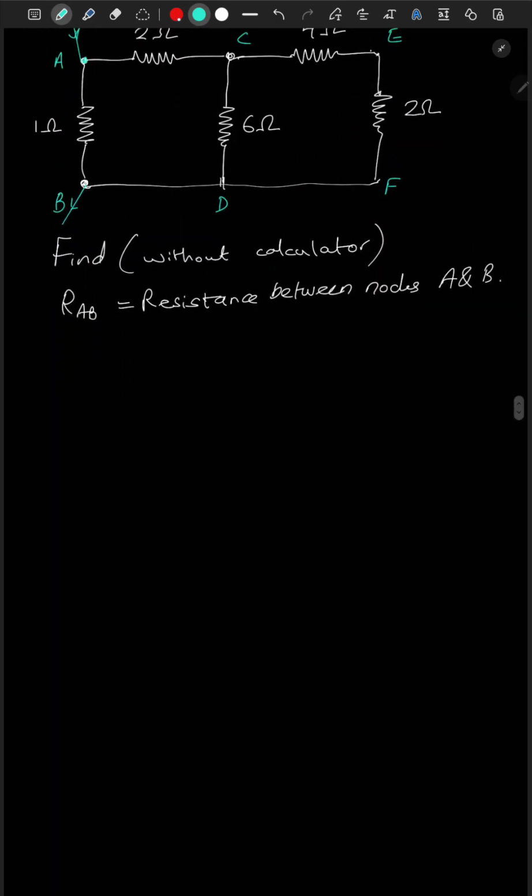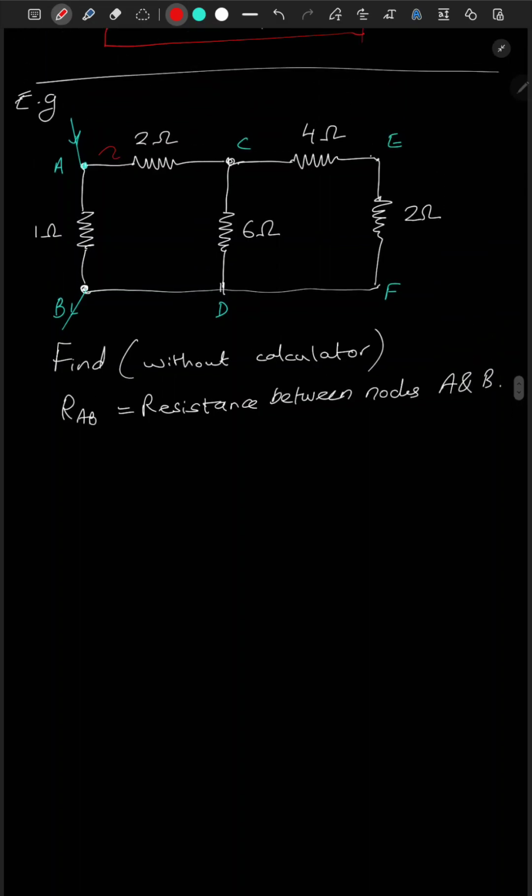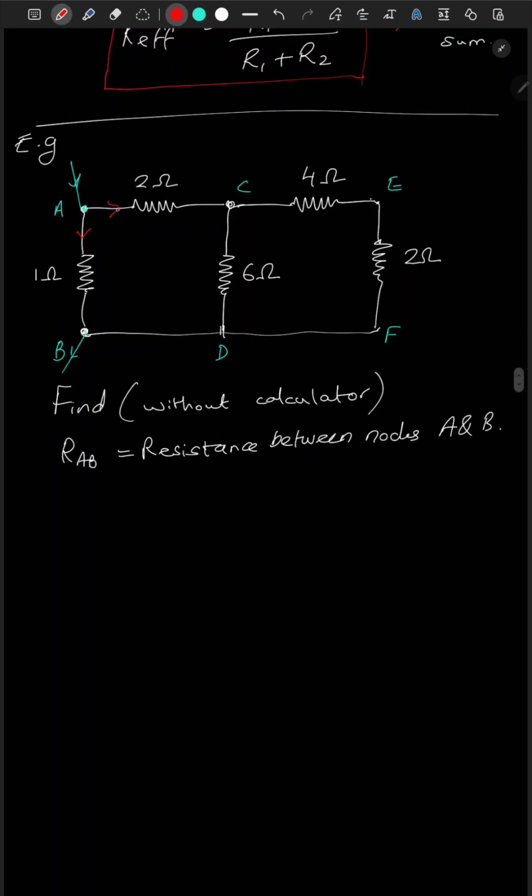Now the path of the current: when it enters node A, it must leave here and go to the branch over here. So the same current would go over here and, again, reaching C, part of it would go through the branch at 4 ohm and part of it would go towards the 6 ohm.